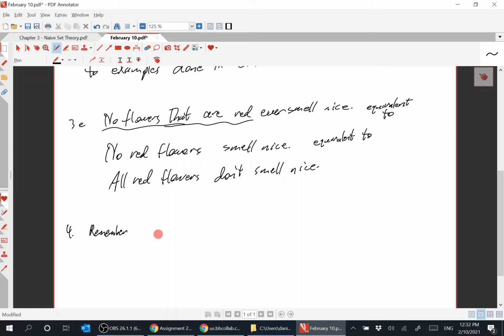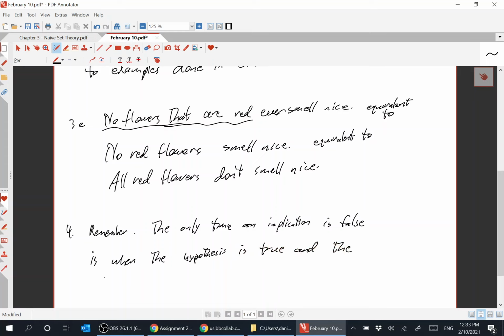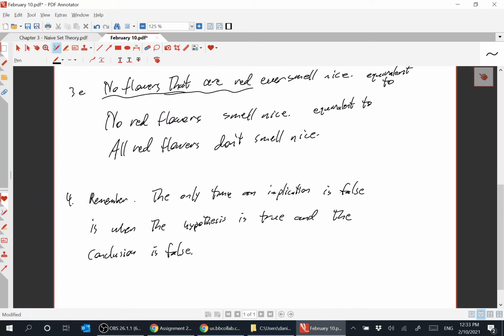Remember, the only time an implication is false is when the hypothesis is true and the conclusion is false.